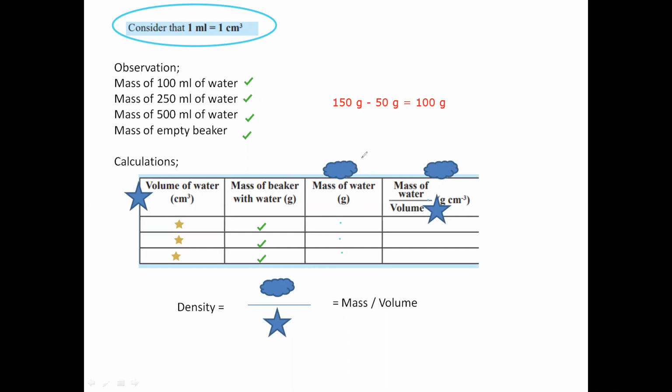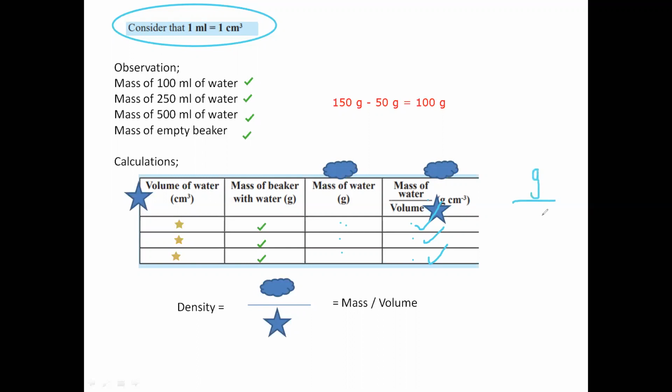The cloud mark is for the mass of water, and the volume is the star mark. So cloud you have to divide by star. The mass of water you have to divide by the volume. So that ratio you have to take to here.